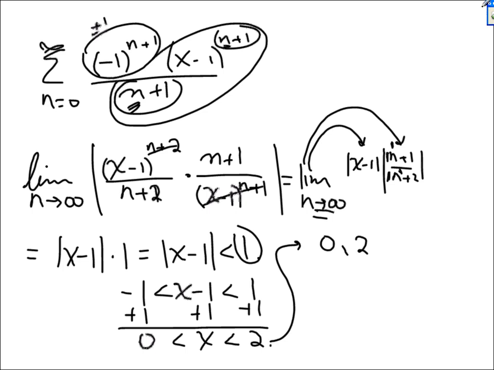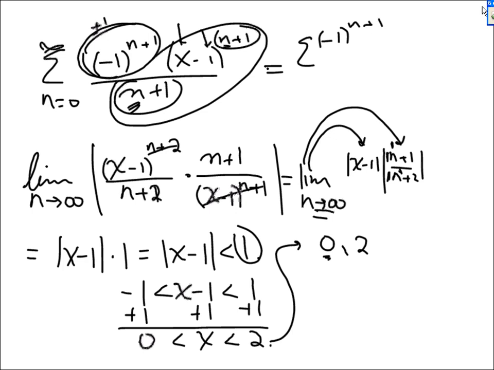So what we know now is 0 to 2. It converges between. What about at 0? What about at 2? So we need to investigate that. We need to go back to the original problem and plug in 0 for x. 0 minus 1 is minus 1. So we have the summation of negative 1 to the n plus 1.